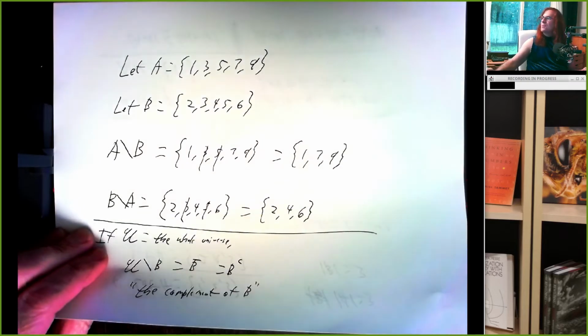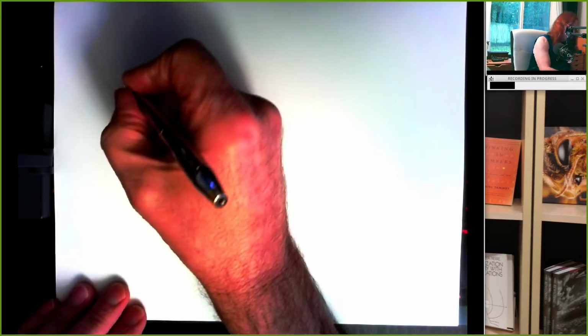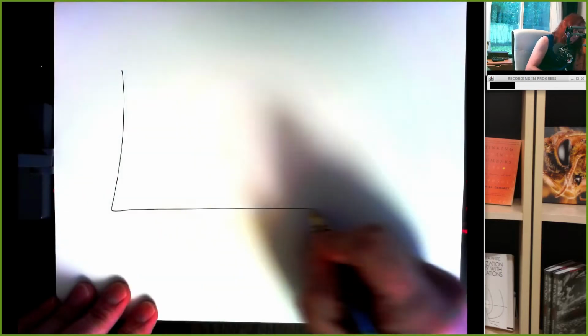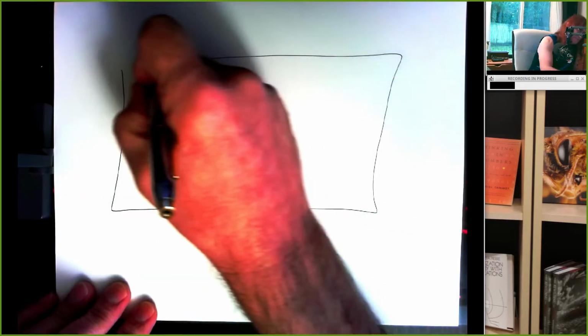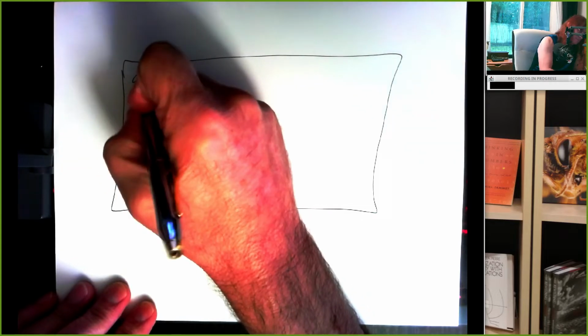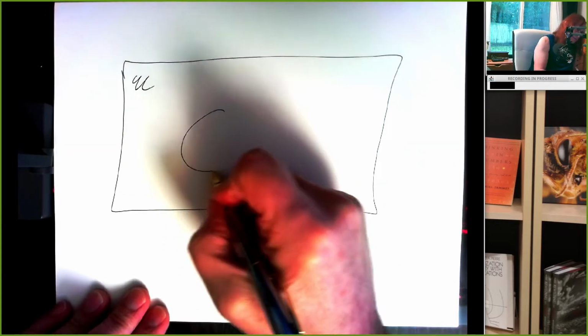All right, so we have some set operations, and this is where it may be useful to think about a Venn diagram. So here's our universe.